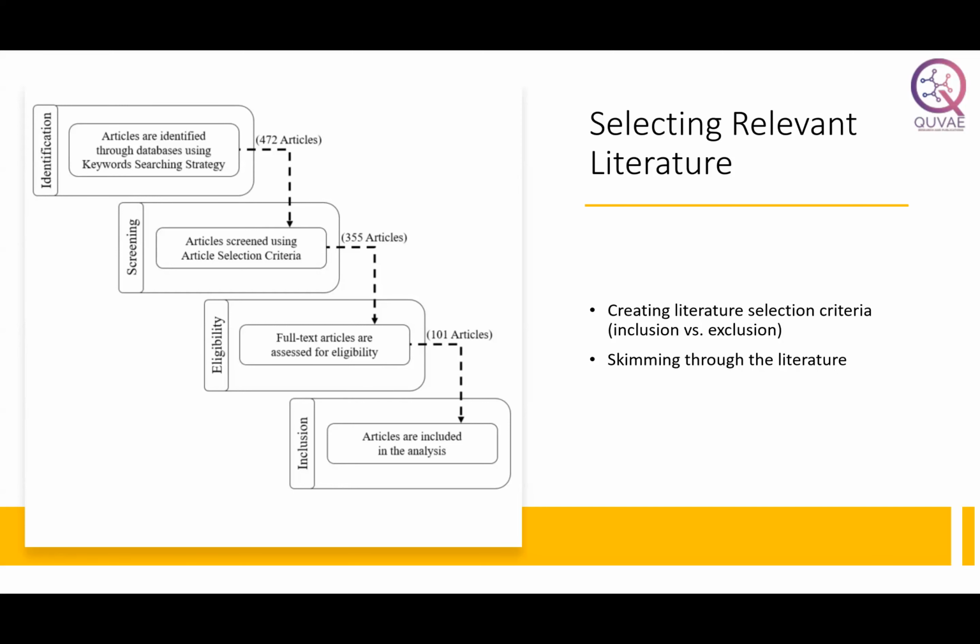So this process takes a few rounds as well. If you are not satisfied with the articles or studies that you collected, then you have to adjust the keywords and redo the process.